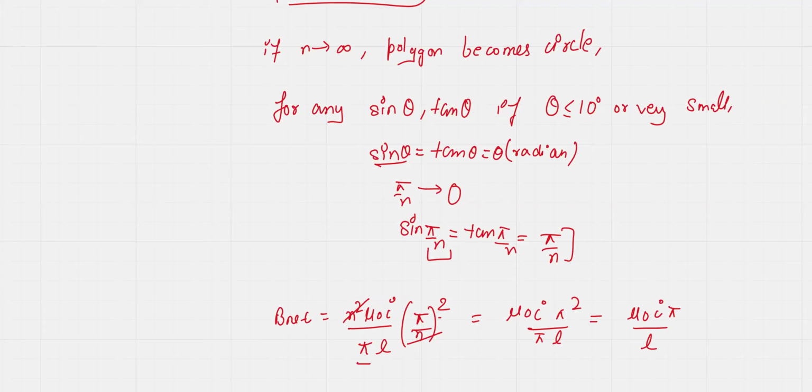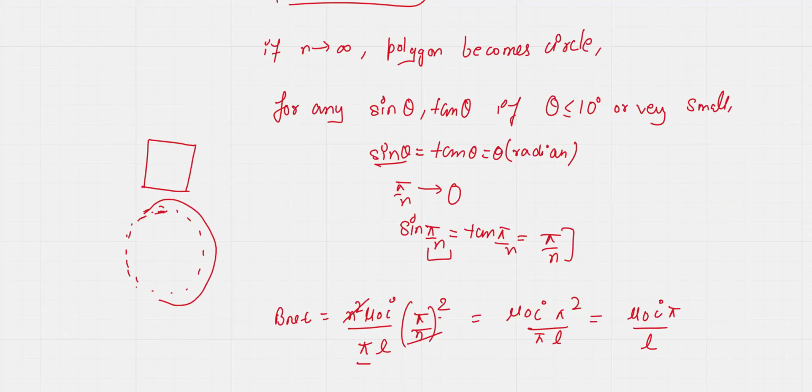Yes, sir. Clear. Also, I told you that this L is basically the sum of all sides. What is the sum of all sides? Can I say the perimeter of the circle? The sum of all the small sides, if you consider that, is nothing but this L itself.